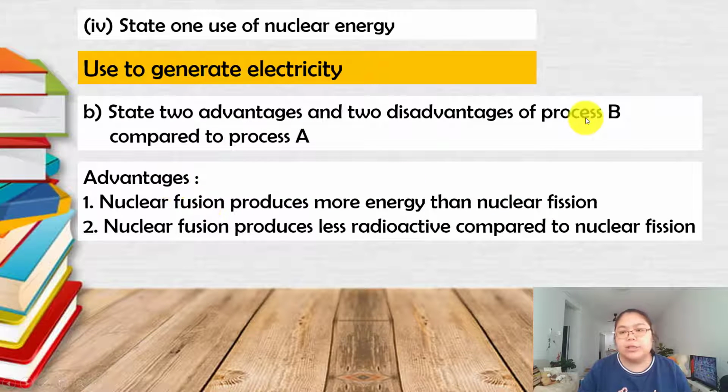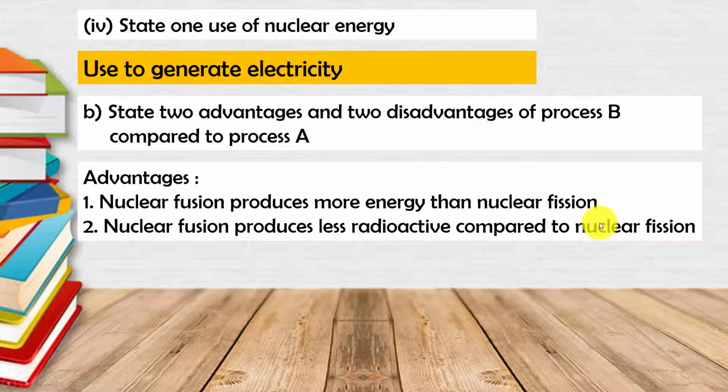Okay, advantages. If we say the fusion is better than fission, what are the advantages? Okay, fusion produces more energy compared to fission. Okay, number two, fusion produces less radioactivity compared to nuclear fission. The radiation they produce should be less for fusion, but fission is more.